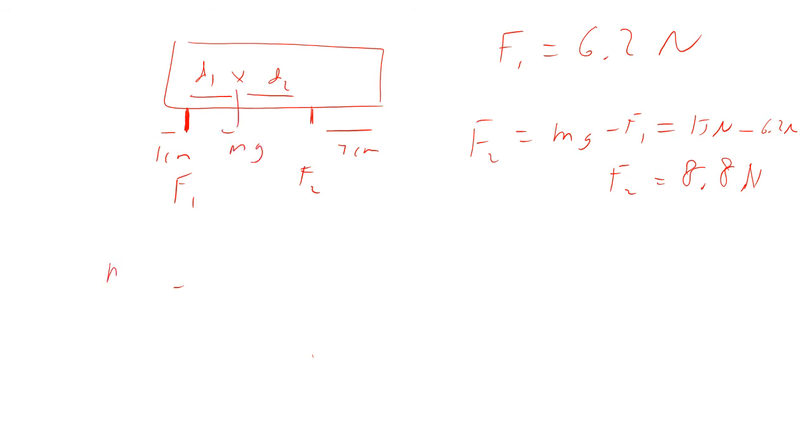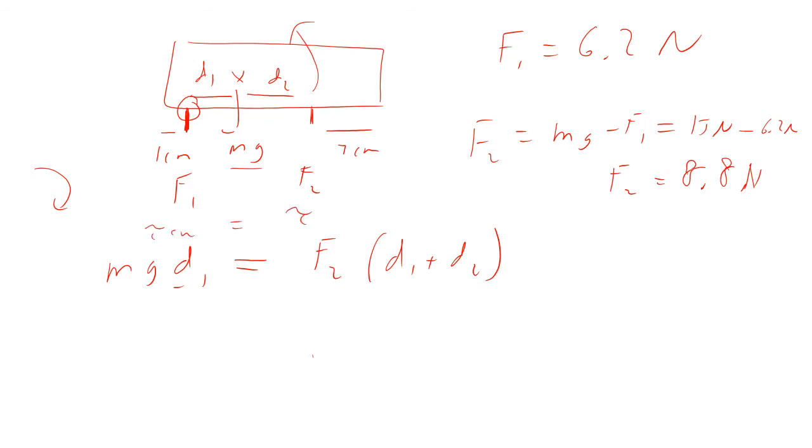So mg d1 is going to be equal to F2 times d1 plus d2. So I'm putting my pivot point right here on the left support again. The center of mass, the mg, is providing a clockwise torque, whereas this other one provides the counterclockwise torque. So again, this is going to be clockwise equals the counterclockwise.